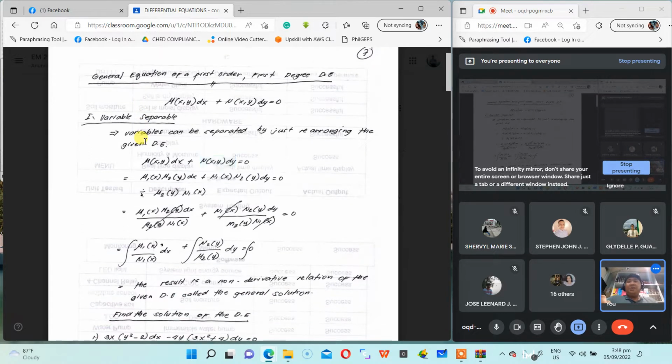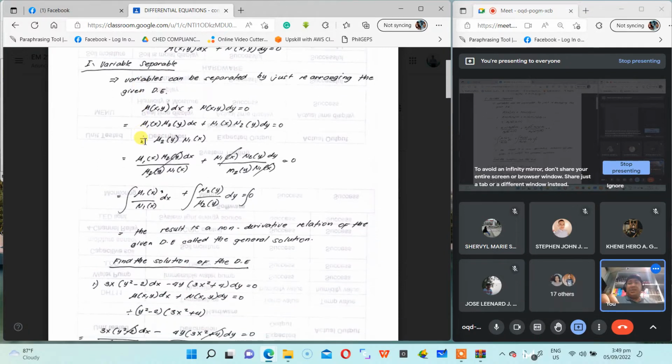If you have your M and N with x's and y's, in order to separate all variables, you combine variables with their corresponding differential. If it is dx, all the variables within it should contain x, while on the other side, if it is dy, it should only contain y. Doing that is simply by dividing or multiplying.